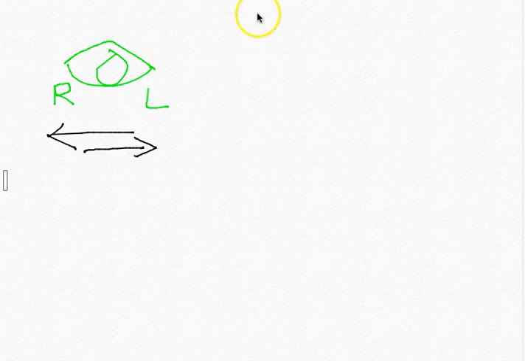So how will the tracing look like? The rightward movement of the eye becomes upward movement of the trace. That will be slow and takes a long time on the time axis, and then the leftward movement comes very fast.